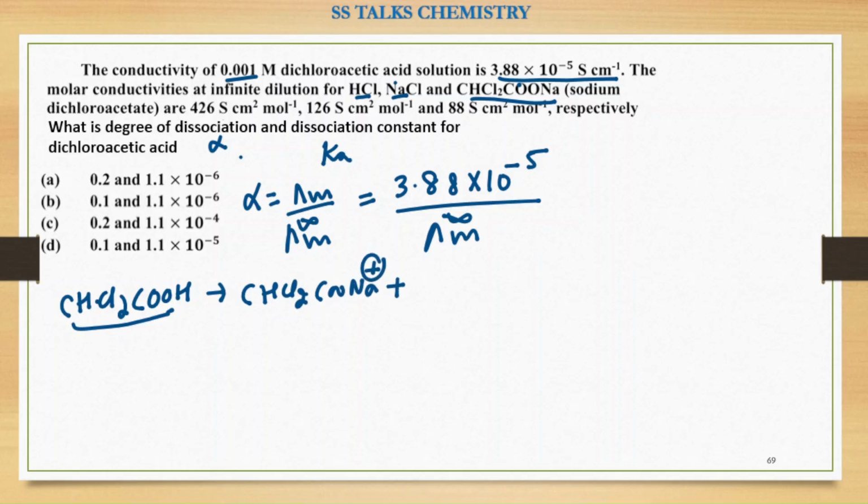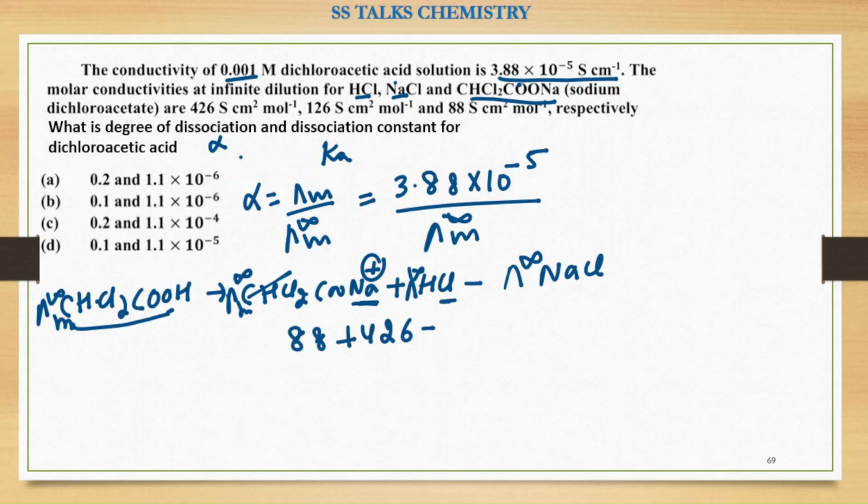Along with this the HCl will be there. The molar conductance at infinite dilution for the HCl we will be taking, and we need the subtraction of the sodium and chloride ions, that is the conductance at infinite dilution for sodium chloride will be subtracted. So just substitute these values, we will be getting 88 plus 426 minus 126. The value we are getting is 388 Siemens centimeter square per mole.